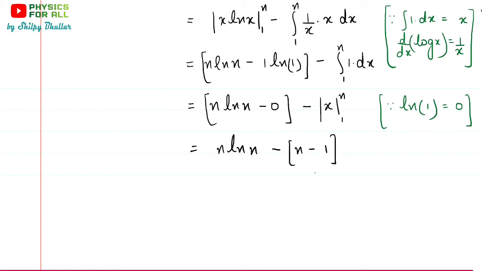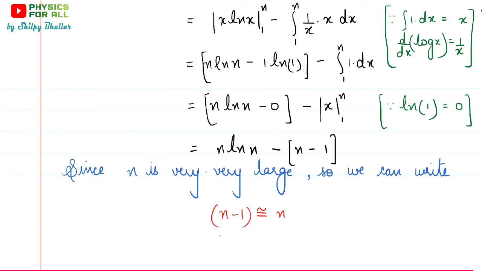Now we know that n is really large. We can write n minus 1 as n, approximately equal to n. See, this is Stirling's approximation, so at each and every step we are just approximating. The first approximation that we did was replacing sigma, summation, by integration. We did integration instead of summation. That is the first approximation that we used.